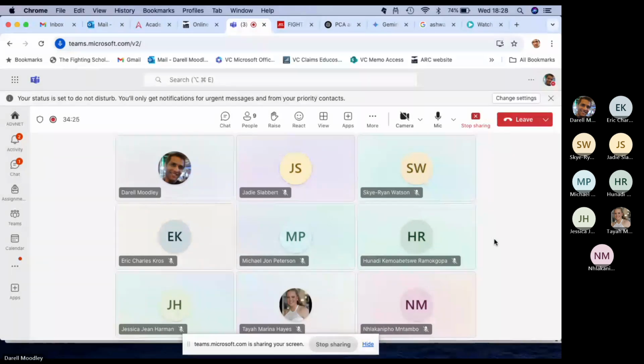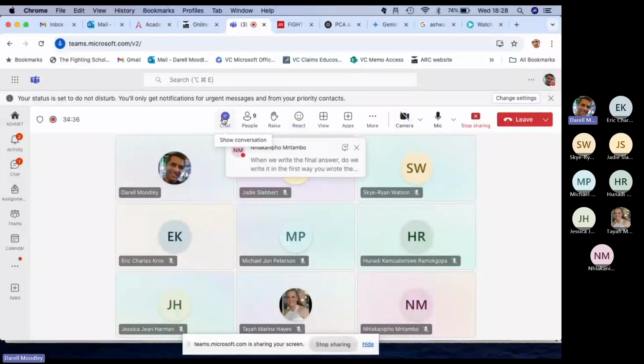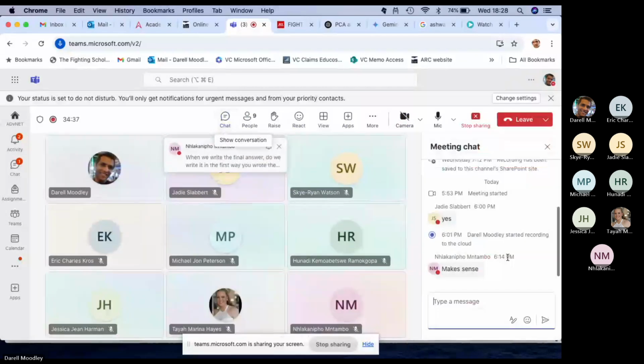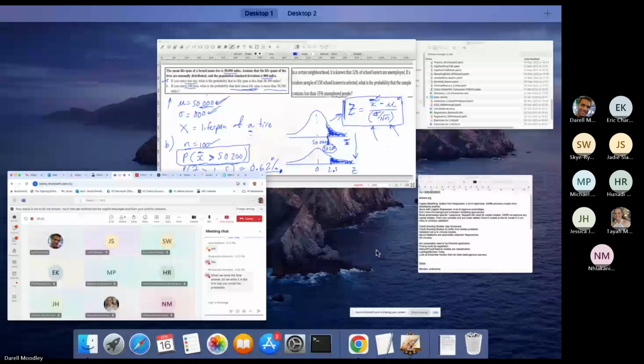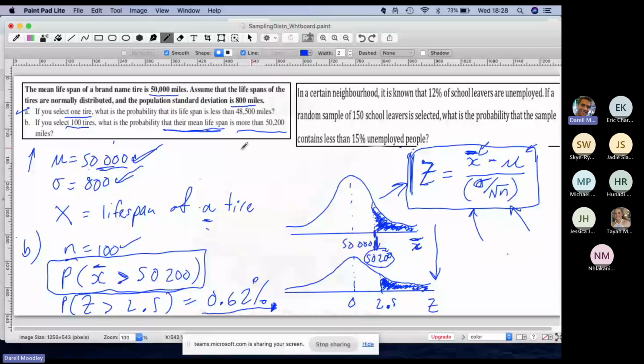Does everyone understand that when we write the final answer, do we write it in the first way you wrote the probability? Okay, let me see. Your final answer will be this, and this is the value you need to write in the end.